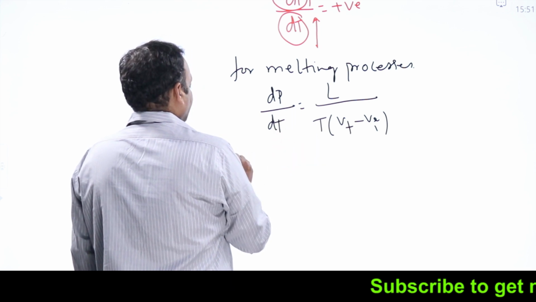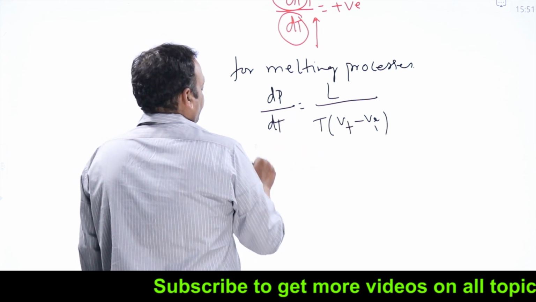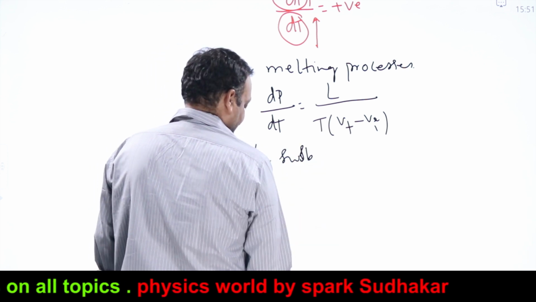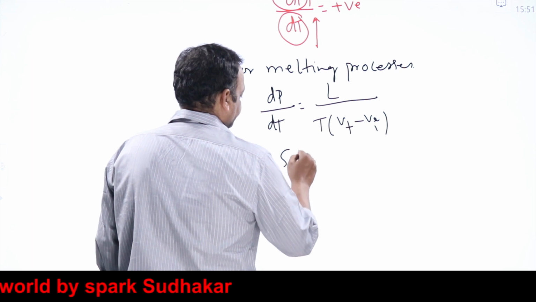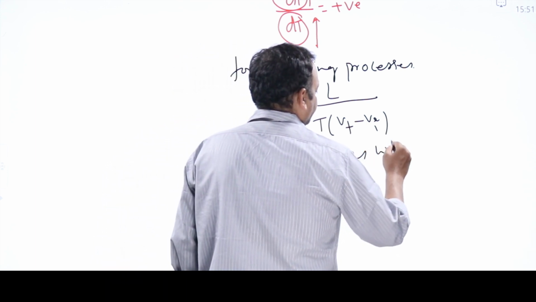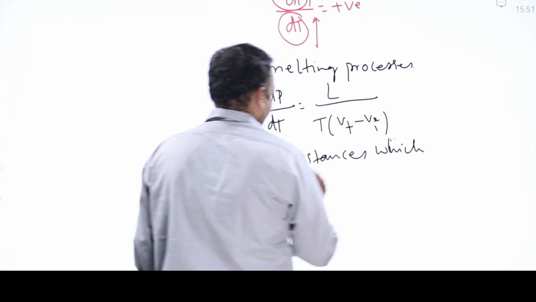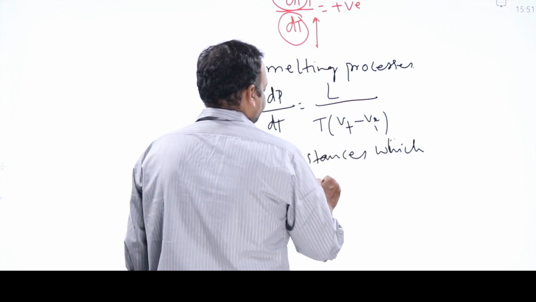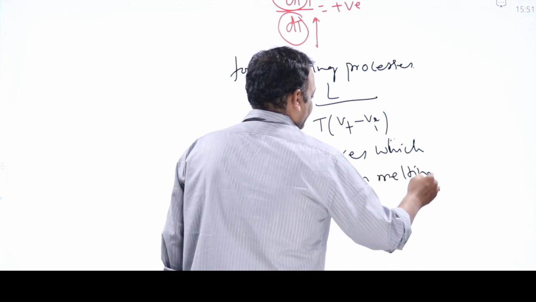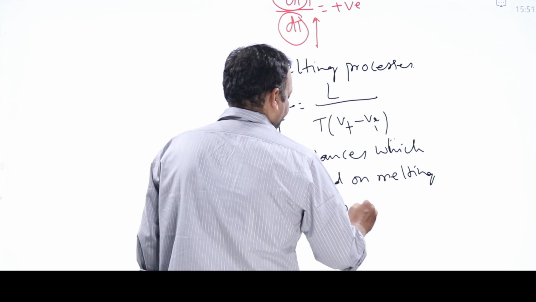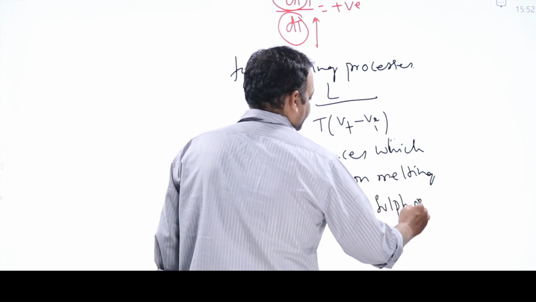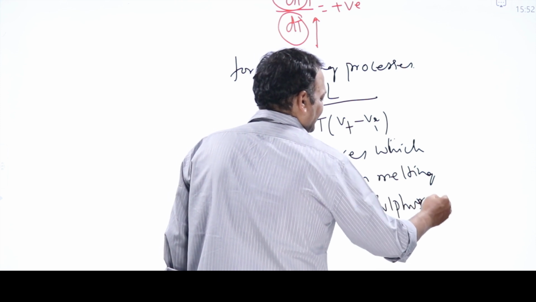That is case 1: substances which expand on melting, like wax, sulfur, and many metals.